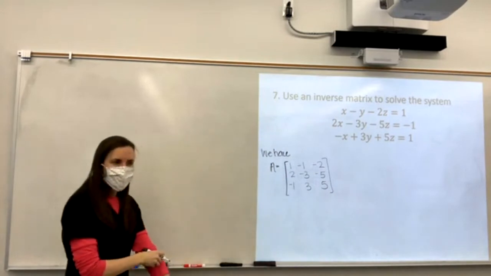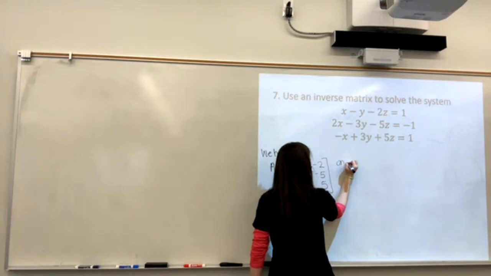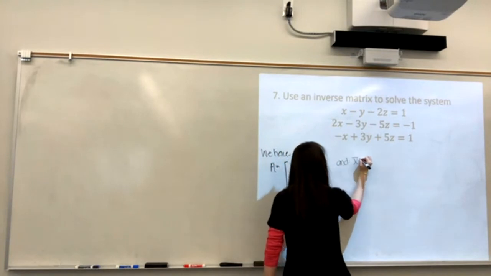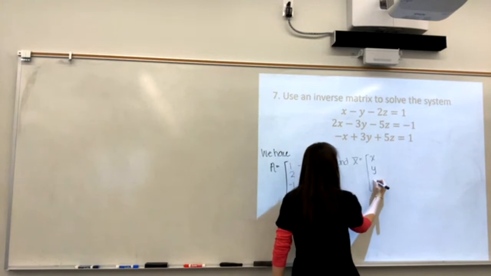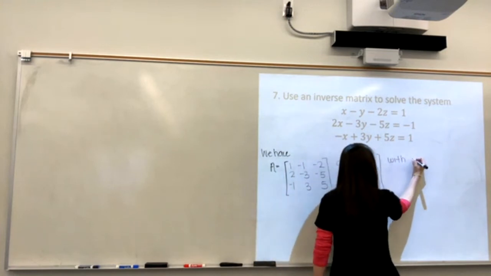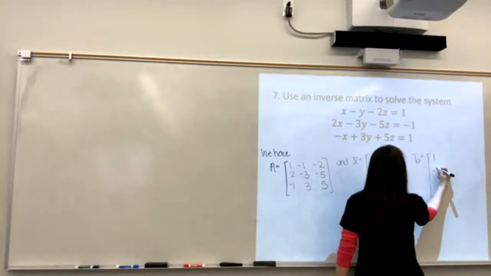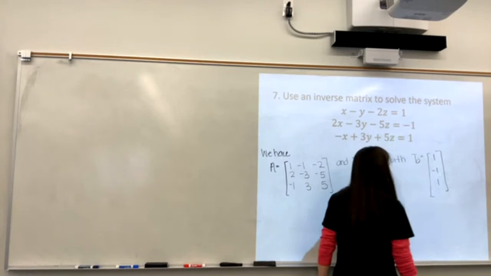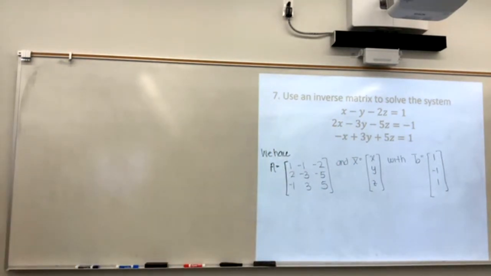So there's our A, right? And just so everybody's clear about all the other pieces as well, the thing that we called X bar, those would be our unknowns, X, Y, Z. And the thing that we called B, those would be our constant terms, 1, -1, 1. So just so everybody's clear about all those pieces that showed up.